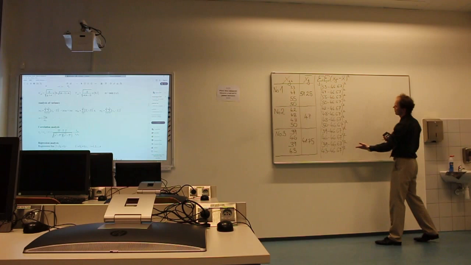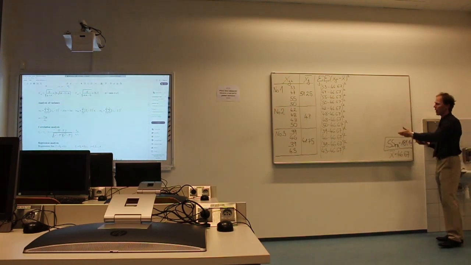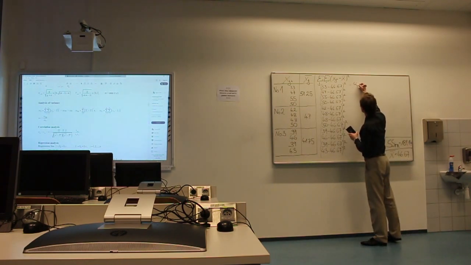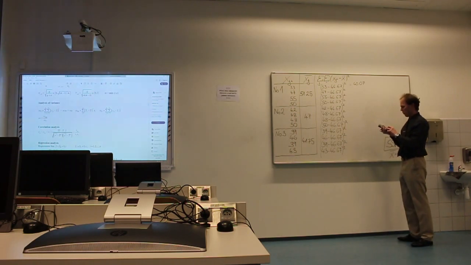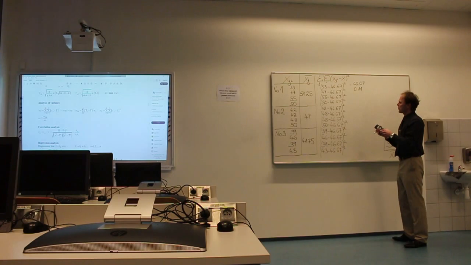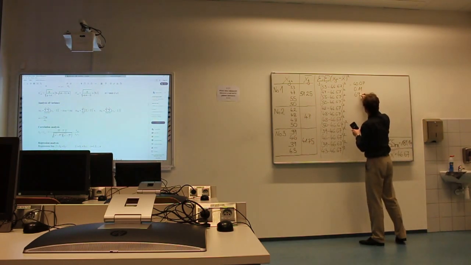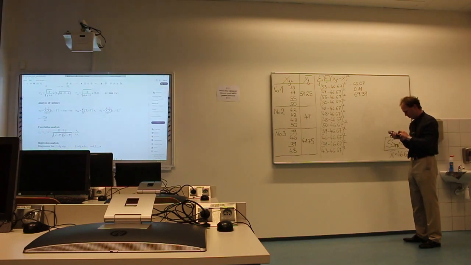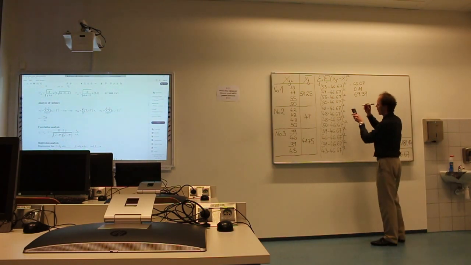There is a constant, yes, the constant mean, so you can copy formulas. 53 minus 46.67 squared, 40.07. 47 minus 46.67 squared, 0.11. 55 minus 46.67 squared, 69.39. 50 minus 46.67 squared, 11.09.